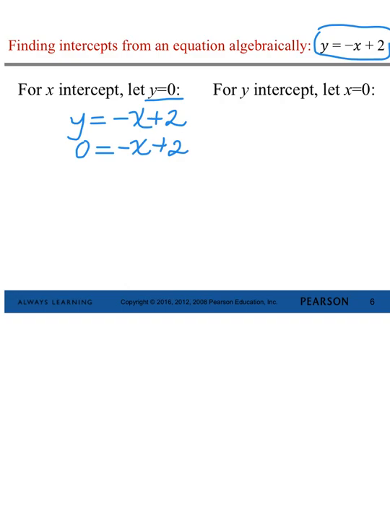Since that doesn't give me the solution yet, I'll need to add x to both sides, which will cancel the x's out on the right-hand side of the equal sign and leave the x on the left-hand side. And that gives me that x then would be equal to +2. And since that is an x-intercept, and it goes in the order x, y, then I know that x is equal to 2 and y was equal to 0.